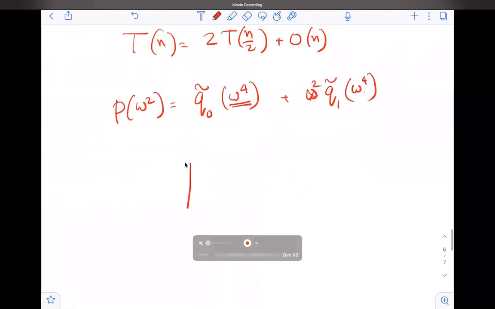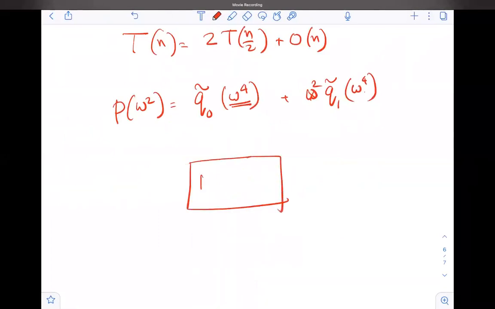So if this is the recursive FFT, what is it doing? It is taking A0, A2 till A n minus 1, looking at Q0 tilde.